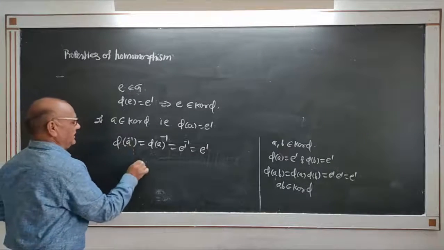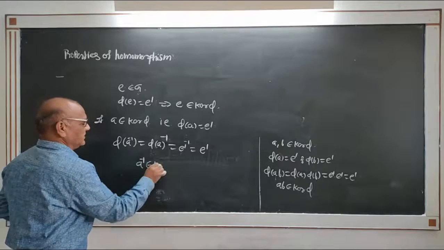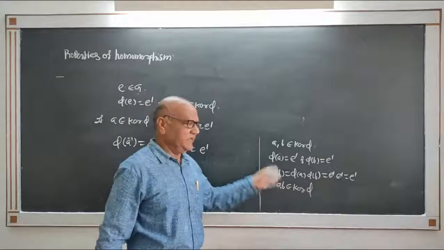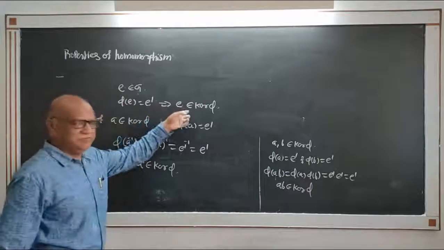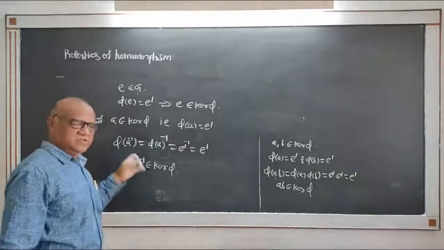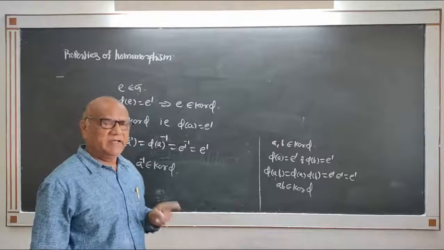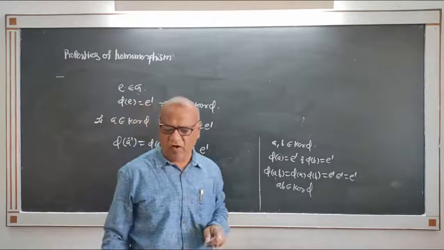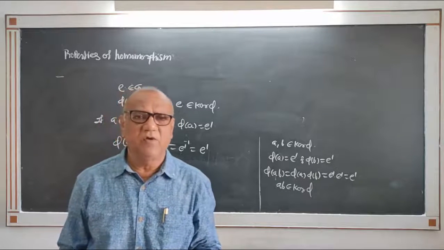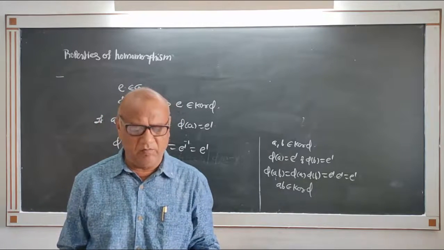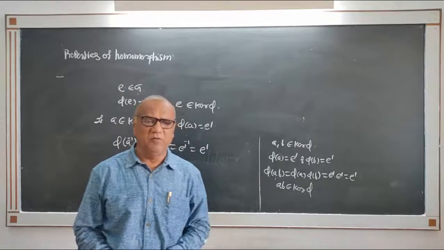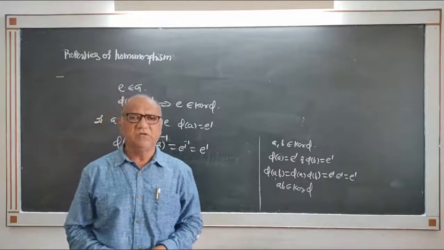Therefore, a inverse belongs to kernel phi. That means the closure property is satisfied, the existence of identity and the existence of inverse. So kernel phi is always a subgroup of G if phi is a homomorphism from G to G'.